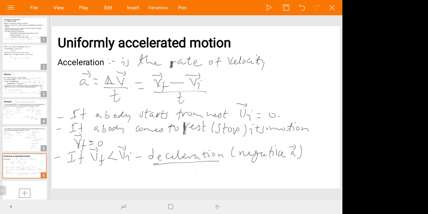Next time, if we have a Zoom class, we will see how we can represent uniform motion and uniformly accelerated motion by graph. We can represent them by table or by graph. For our discussion today, that is enough.